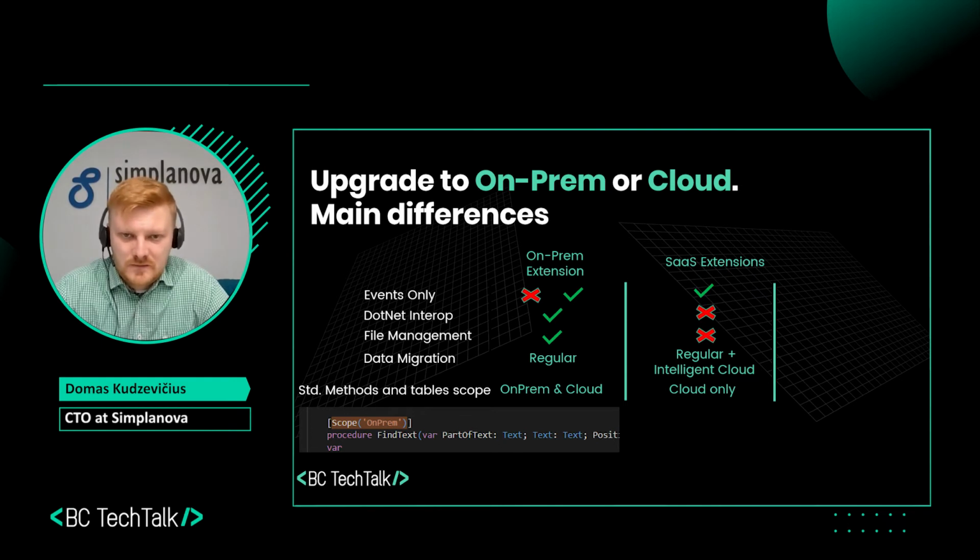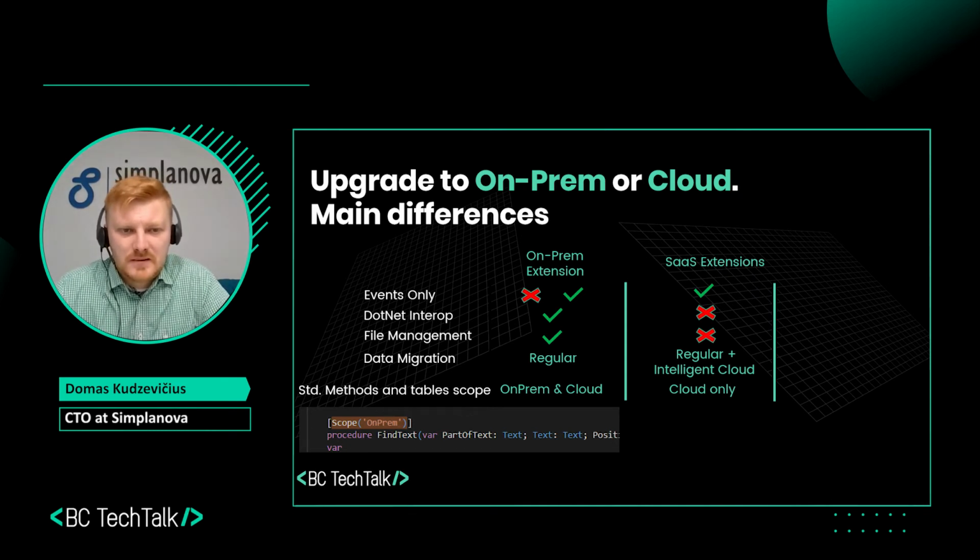But when you get to the latest version and want to move your data from on-prem to cloud, you're going to need to use the intelligent cloud tool. So that's going to be additional time. And again, you will need to perform that after the regular migration.